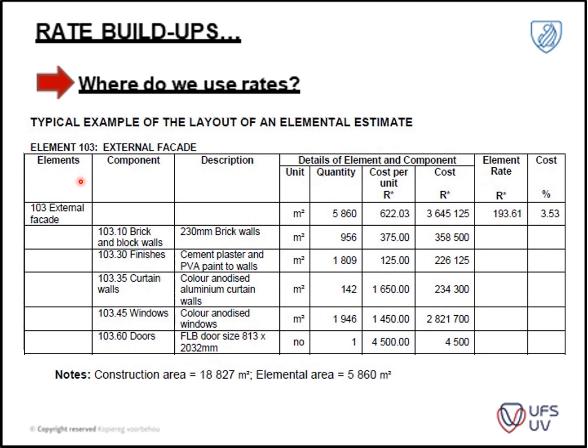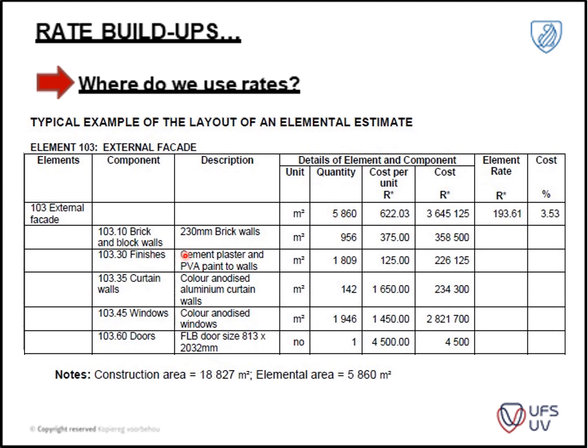So, you go to your elemental guide and you look at the specific item that you want to conduct a rate buildup. So, you have, for instance, your external facade, and in your elemental guideline, it stipulates that you have different components, and then you've got your description of the specific component. So for brick and block walls, if it's a 230 brick wall, you will have one here.